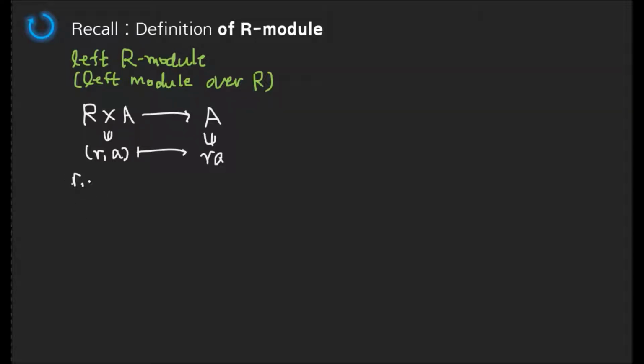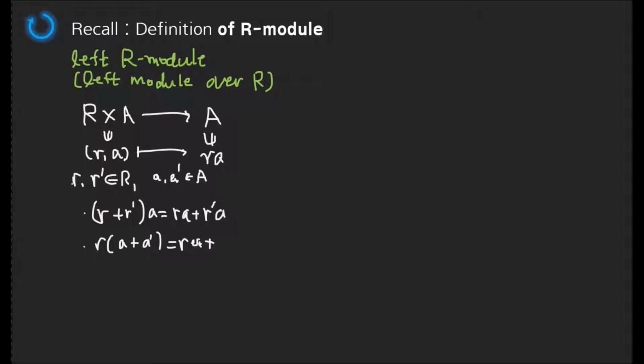First, if R and R prime are ring elements and A and A prime are additive abelian group elements, then (R plus R prime)A is RA plus R prime A, and R(A plus A prime) is RA plus RA prime, and it also satisfies the associative rule: R(R prime A) is equal to (R R prime)A. If these conditions are satisfied, then A is a left R module, or A is a left module over R.